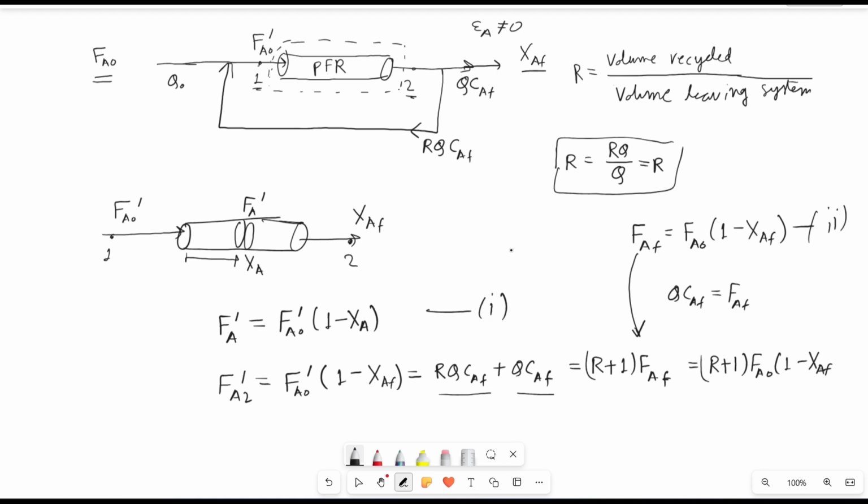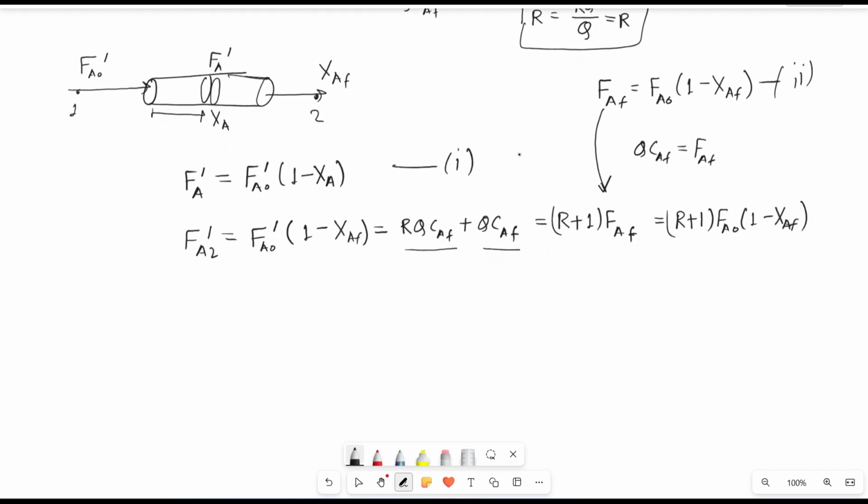Now, if you look at this expression, we can easily relate Fa naught prime from the above expressions. Relating this one and this one, Fa naught prime equals R plus 1 times Fa naught.